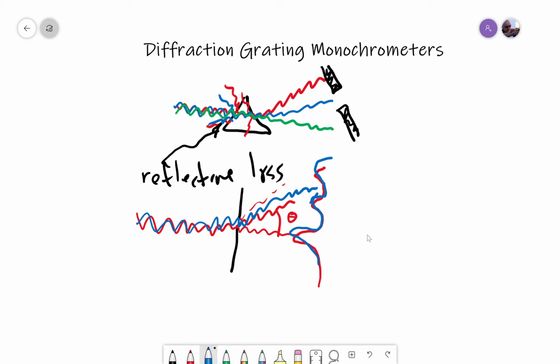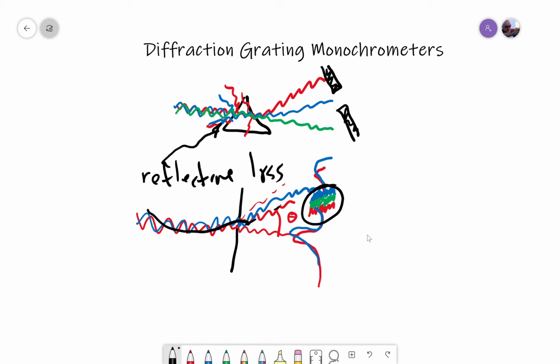Ultimately, what happens is that when light goes through a slit, it creates a rainbow pattern. And that rainbow pattern is the diffraction of light.